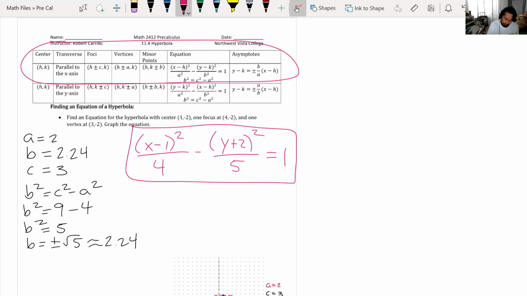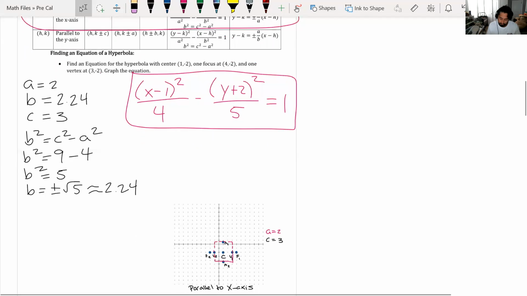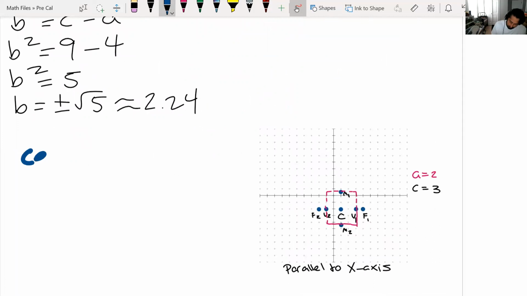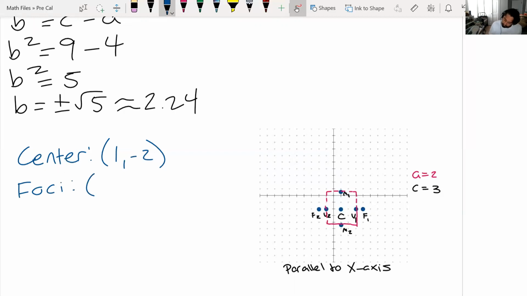So from the graph below, we see that our center, which is given already, was at (1, -2). My foci were at (-2, -2) and (4, -2).